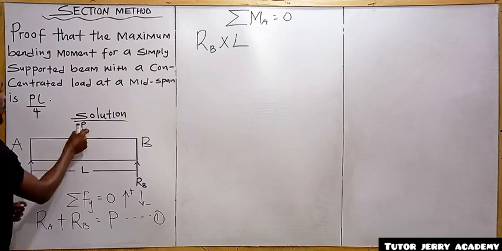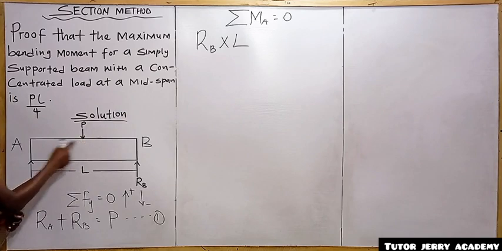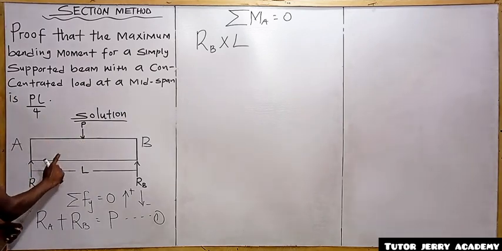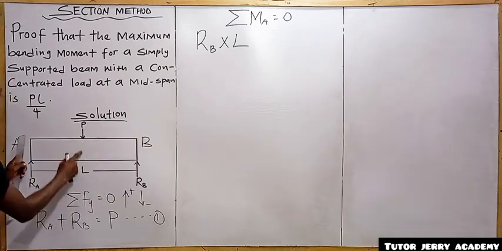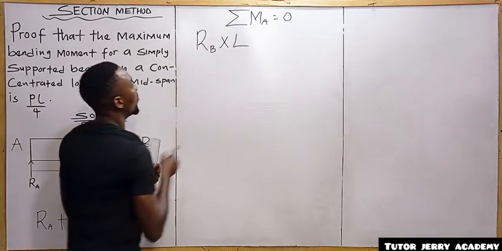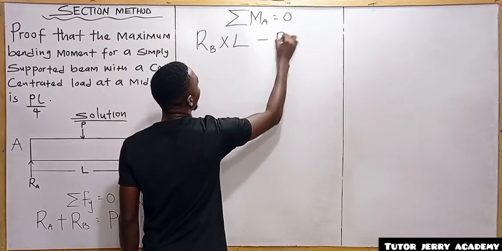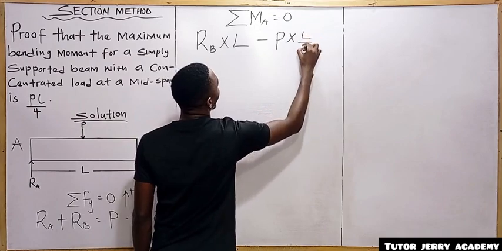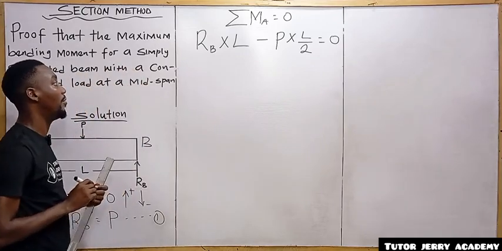Don't forget, this load is acting at the mid span, so from this point to this point is L over 2. So this is going to be minus P multiplied by L over 2. Everything equals 0 because we don't have any other force there.